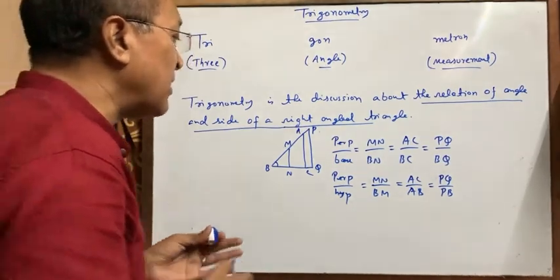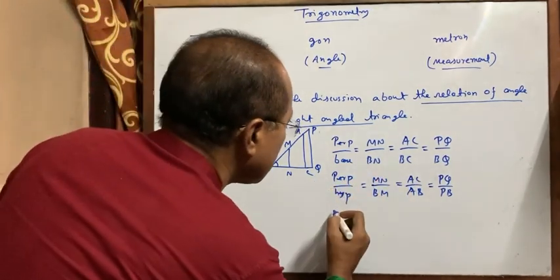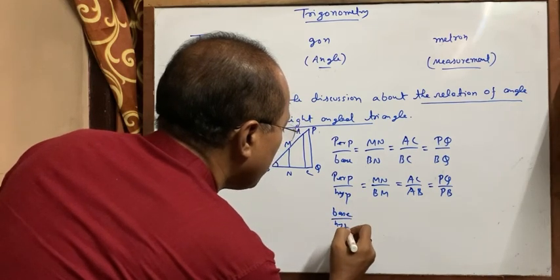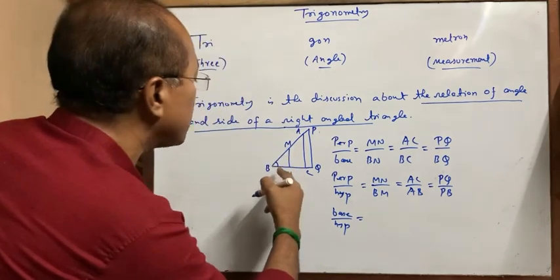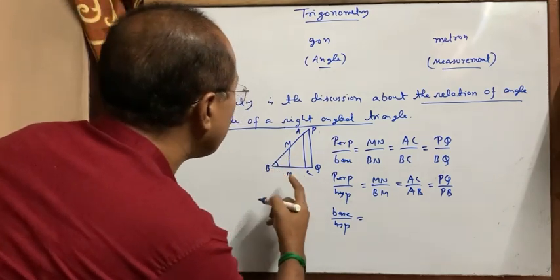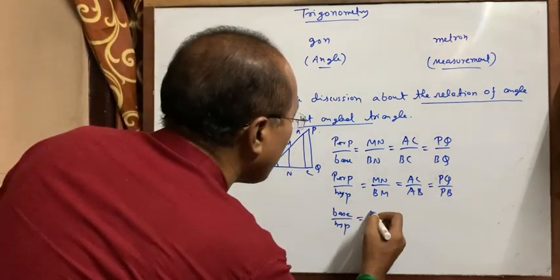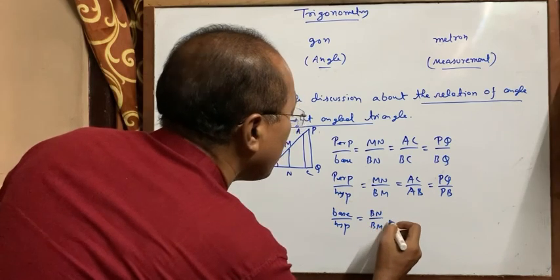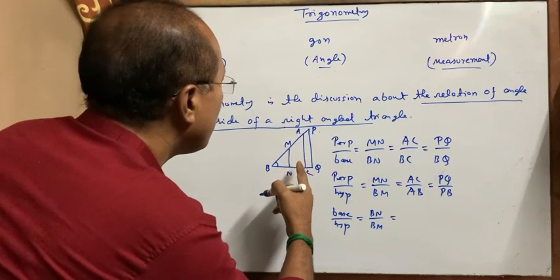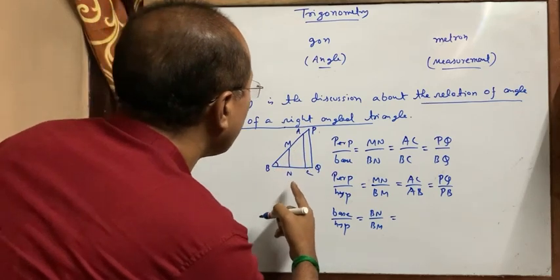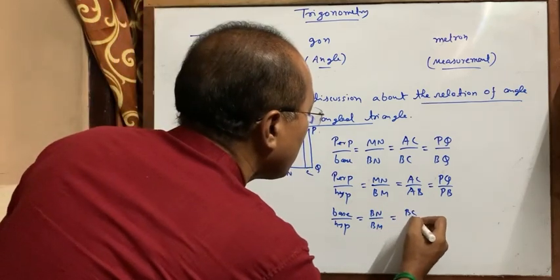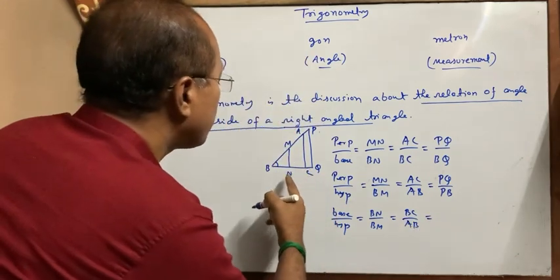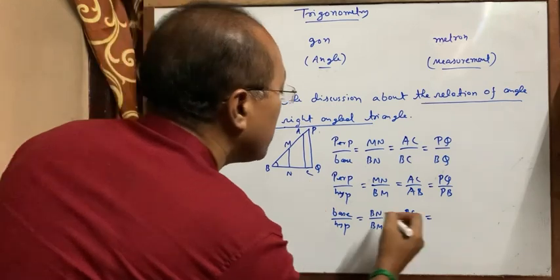Similarly, the ratio of base and hypotenuse. Here it is for the first angle: BN by BM is equal to BC by AB is equal to BQ by BP.